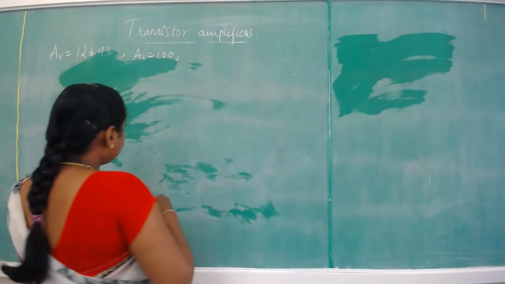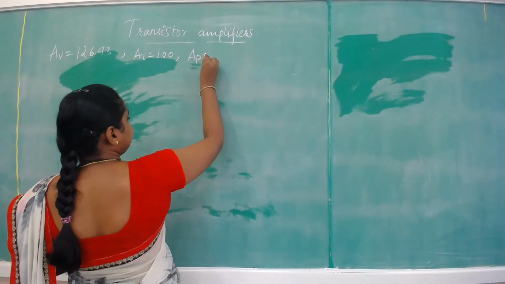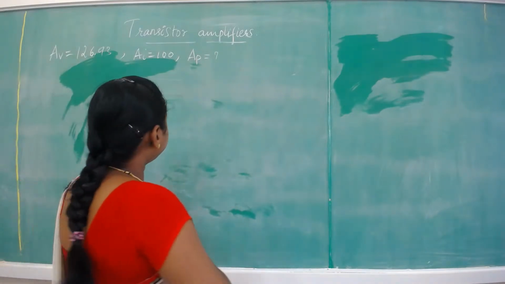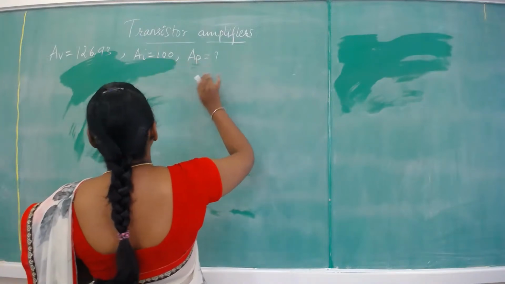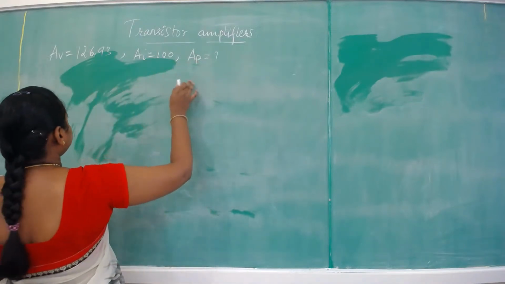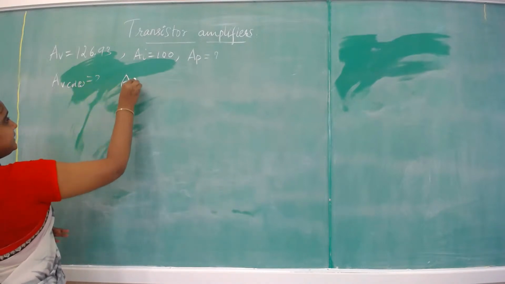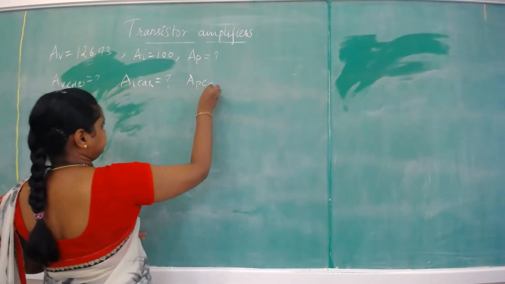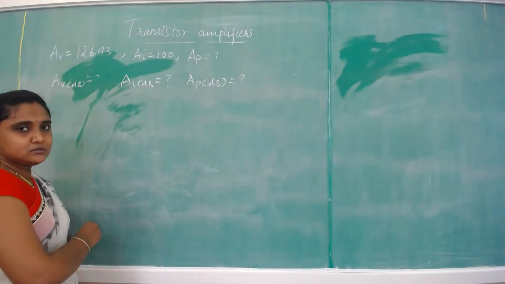They are asking you to find AP, that means the power gain, and also all the gains in terms of dB. So they are asking you to find AV dB, AI dB, and AP dB.